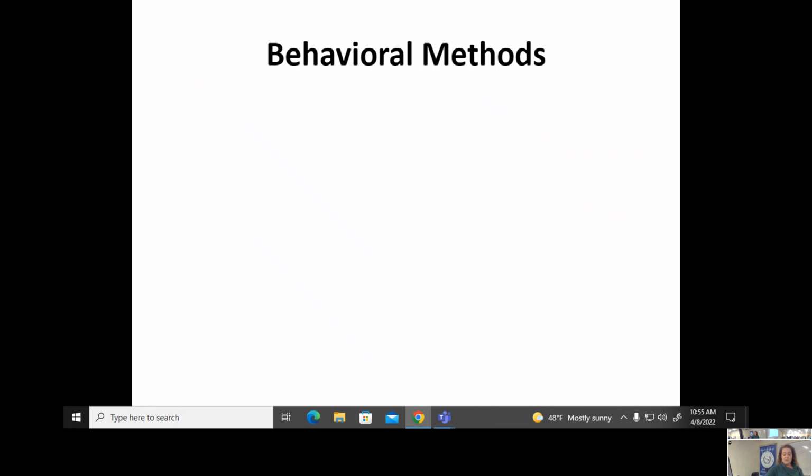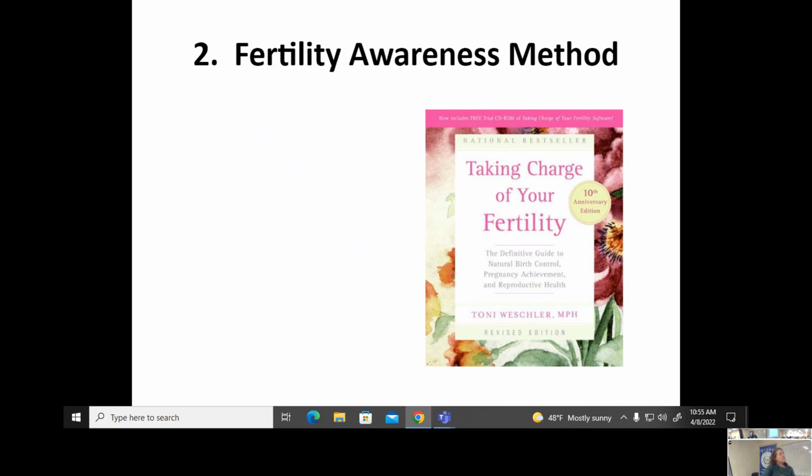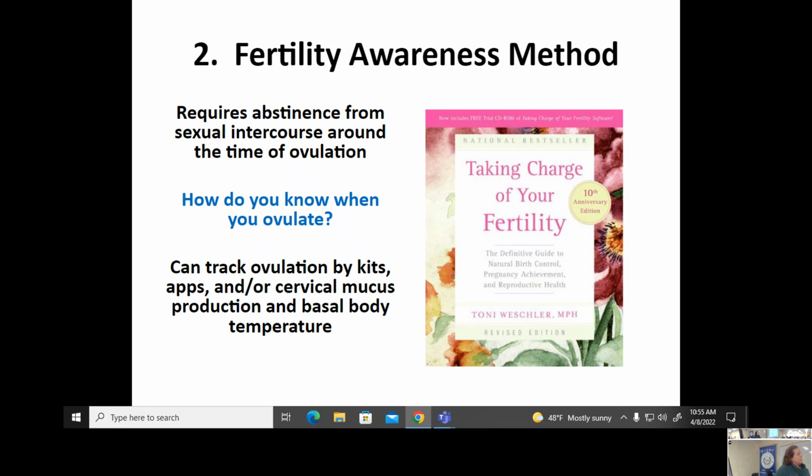Number 1, literal abstinence constantly. Number 2 can have different names, but it's called fertility awareness method. And this is a periodic abstinence, which is kind of funny and ironic, where you avoid having sex around when ovulation happens.